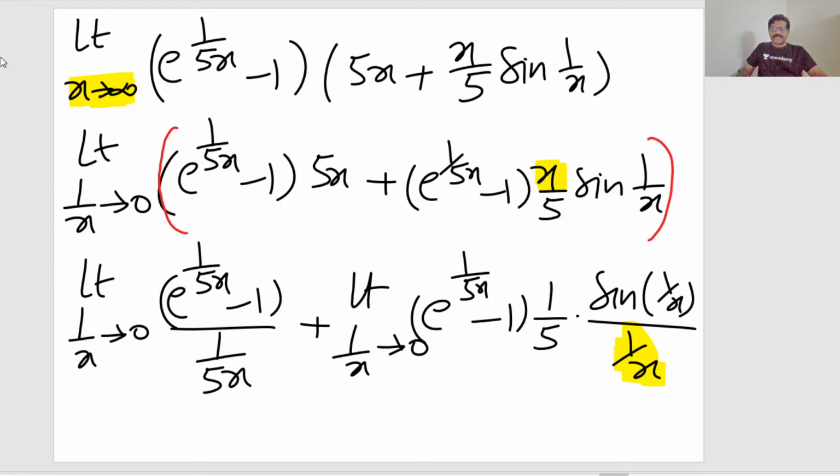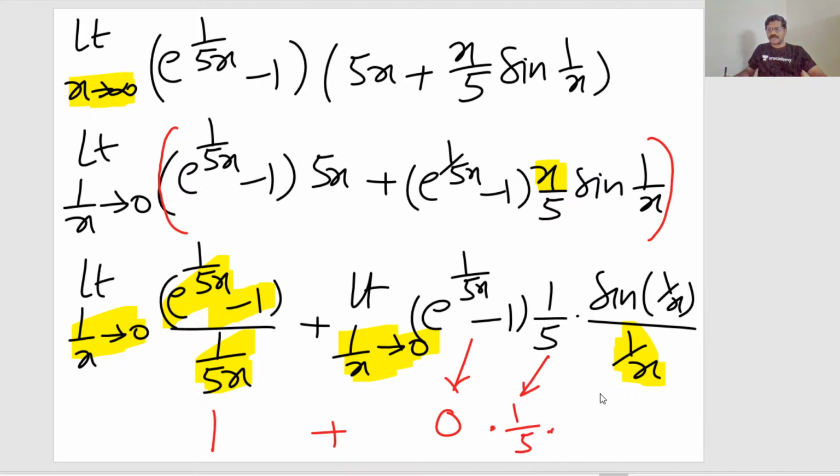Here limit 1/x tends to 0, (e^(1/(5x)) - 1) / (1/(5x)) is 1, plus limit 1/x tends to 0, (e^(1/(5x)) - 1), which is 1 minus 1, 0, times 1/5, times sin t by t as t tends to 0, which is 1.